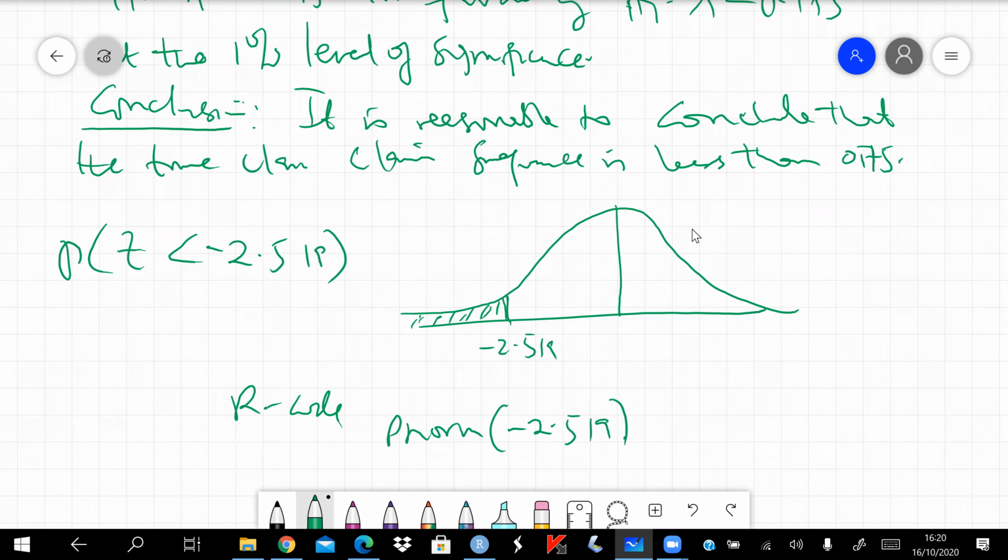If you do it correctly, you'll get 0.005891 something, which is clearly a very small p-value. A small p-value means that we reject the null hypothesis, and we'll end up with the same conclusion.